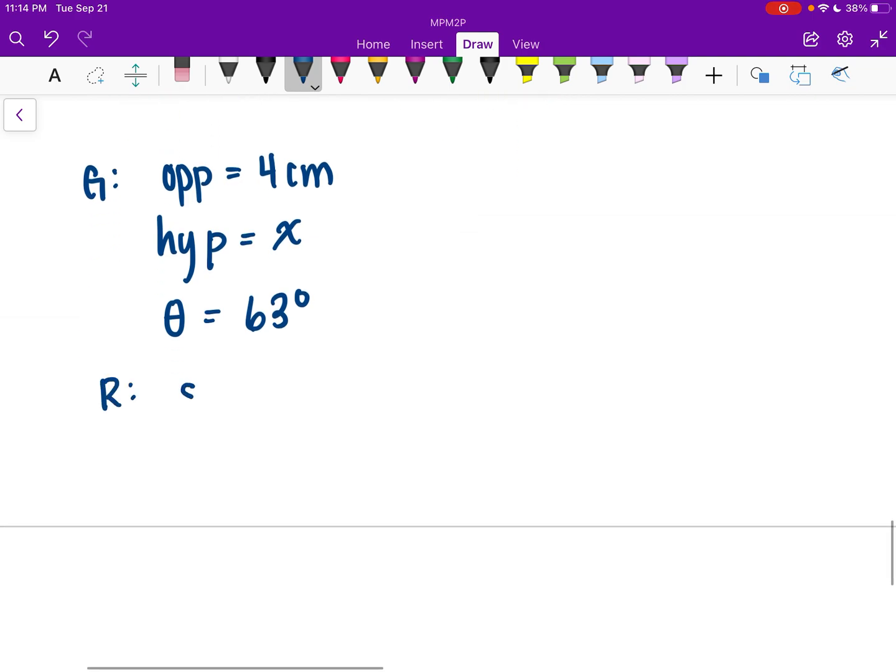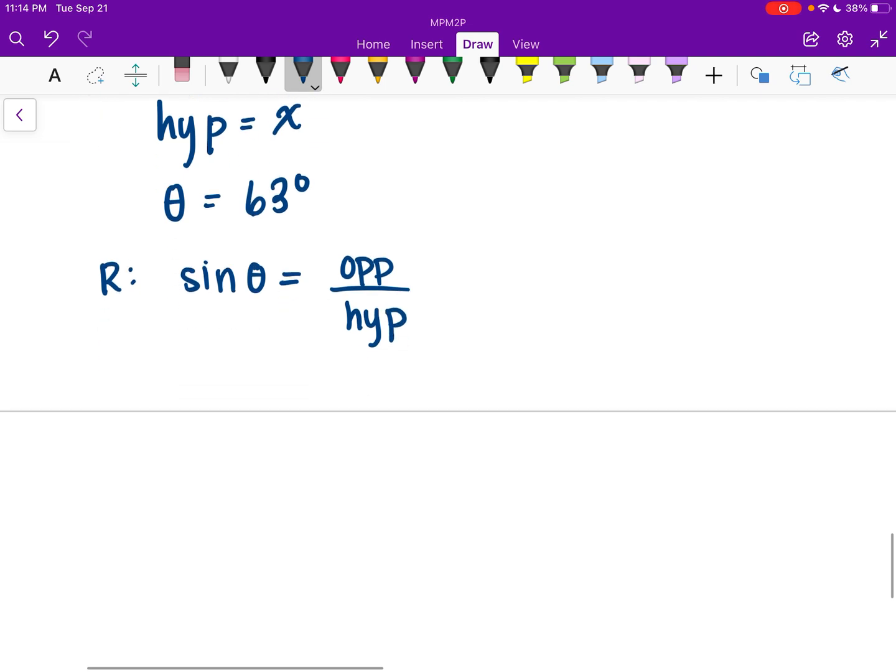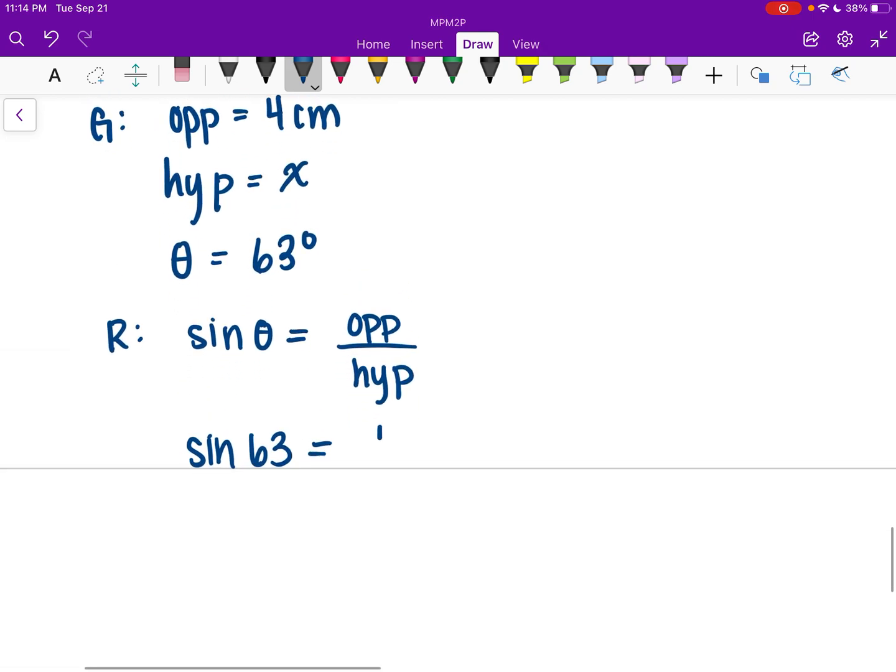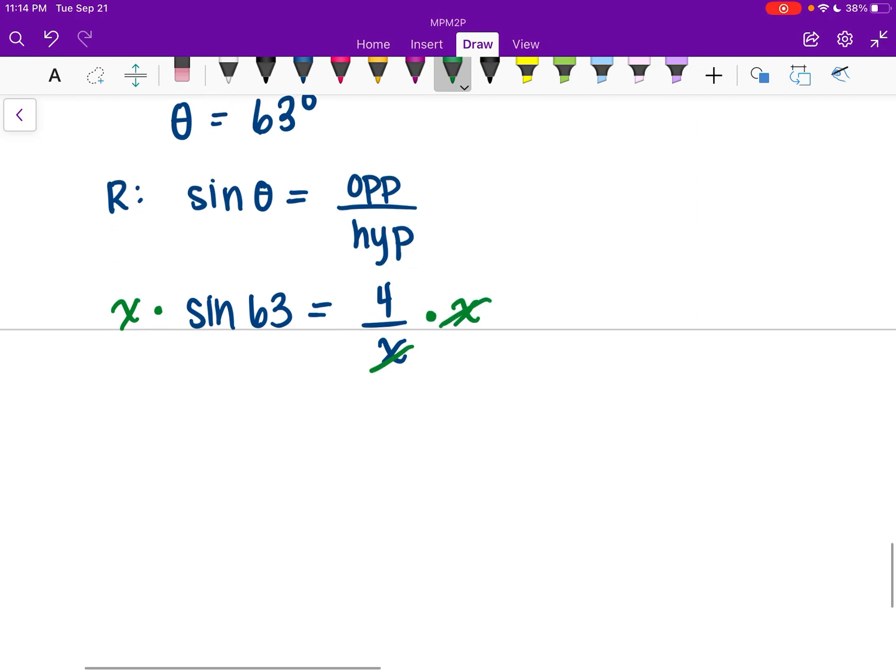So sine theta equals opposite over hypotenuse. Right? Sine 63 is equal to, the opposite was 4 divided by x. And again, because that x is in the denominator, I got to get rid of it on both sides. So I'm left with x multiplied by sine 63 is equal to 4.